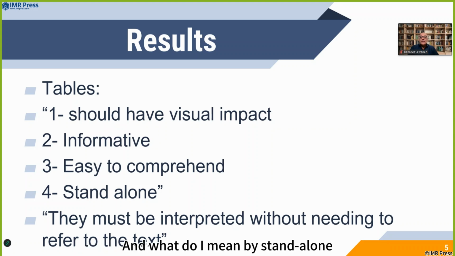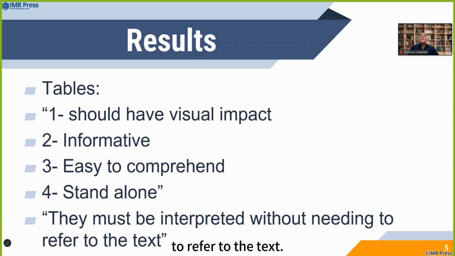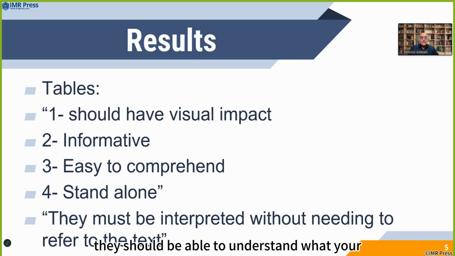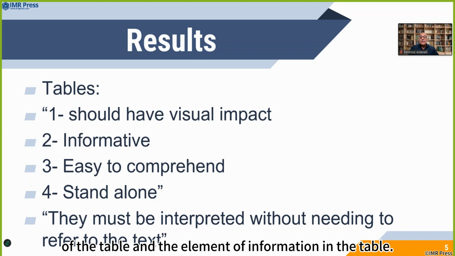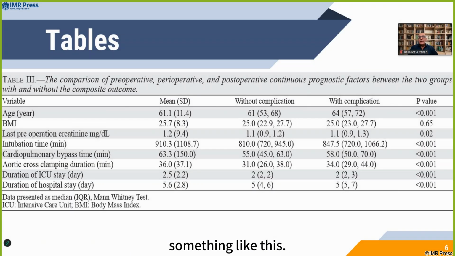What I mean by standalone is that they must be interpretable without needing to refer to the text. If anybody comes to read your article and just takes a look at your tables, they should be able to understand what your tables are about just by reading the title of the table and the elements of information in the table. A good example of such a table is something like this.